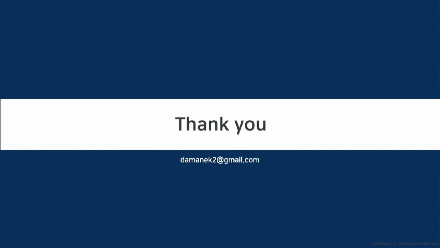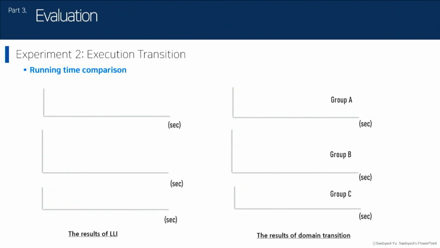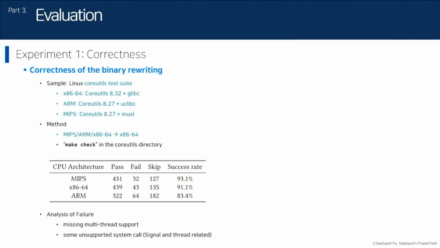Questions, perfect. Thank you for your talk. I have a small question about your experiment 1. You measured the success rate for the correctness, right? Could you comment on how exactly you measured this? How exactly did you measure the success rate?